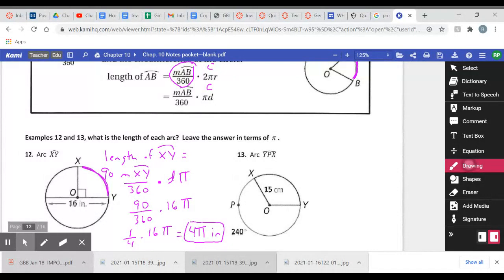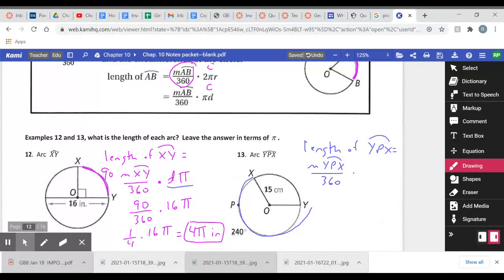Okay, on number 13, if we go ahead and do that, we've got length of arc YPX. And we can see Y to P to X goes all the way around here. And we've got the measure of YPX over 360 times the circumference.